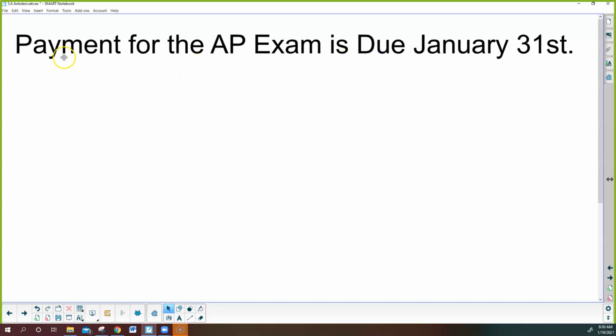Okay, now there's one last thing I want to tell you about the AP exam and signing up and paying for it. If you pay the $50 or $10 and you sign up for it, and then you decide not to take it this year only, they will reimburse you that full amount.